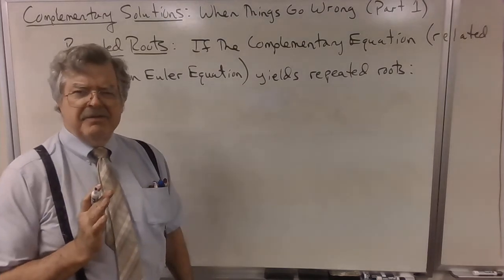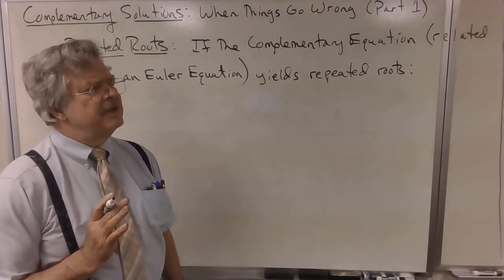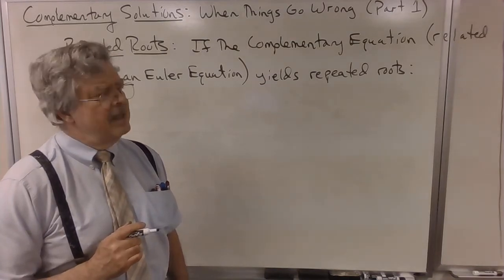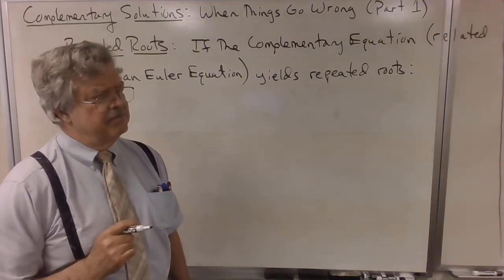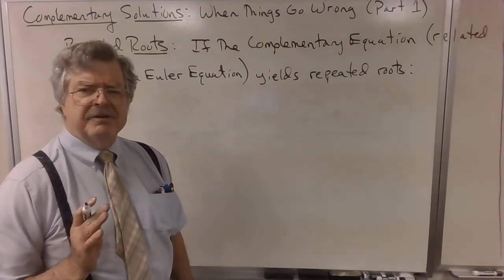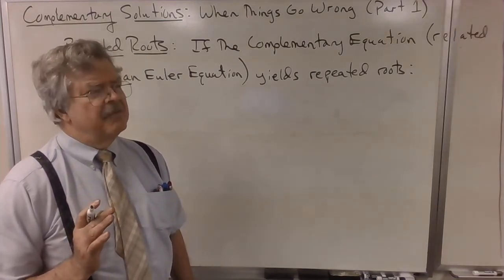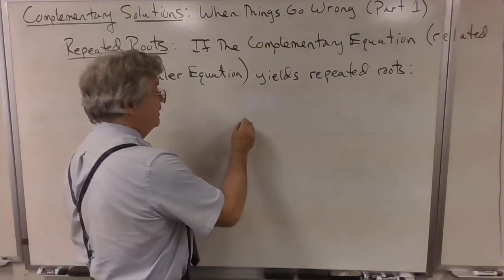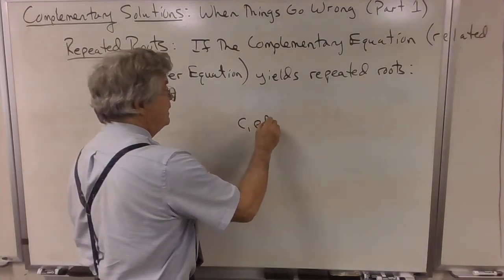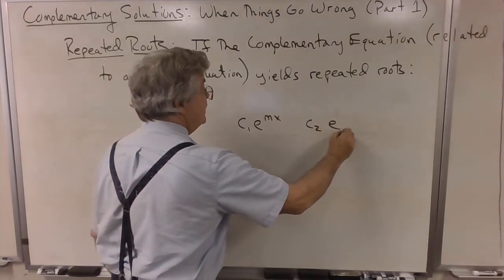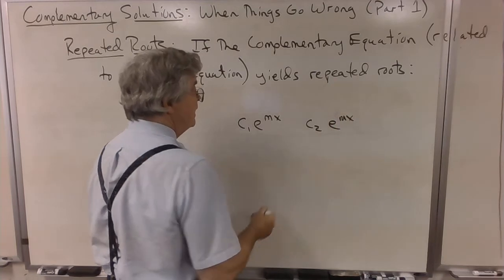We handled this similarly to the case when we have constant coefficients and we have a repeated root. With constant coefficients, if we have a double root, then we'll have C1 e to the mx and C2 e to the mx.